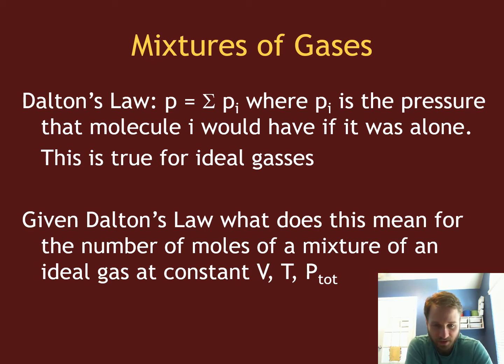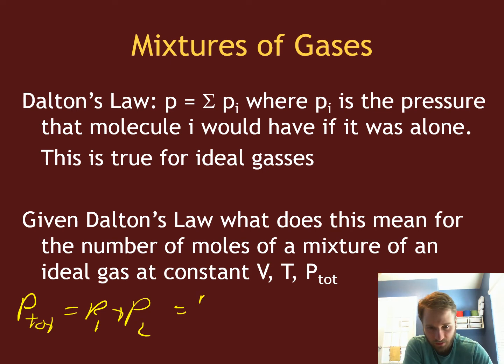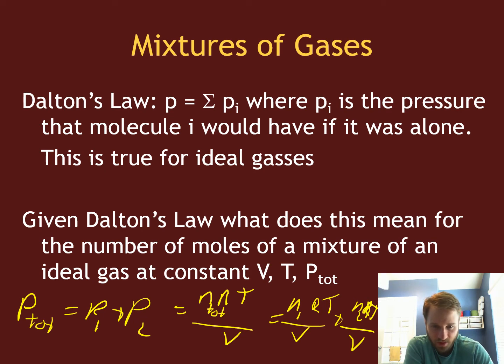Now, under a constant volume and temperature system, if I have P total equals P1 plus P2, plugging in for those pressures, we get n total RT over V equals n1 RT over V plus n2 RT over V. RT and volume all cancel, and you just get the total number of moles is equal to n1 plus n2.